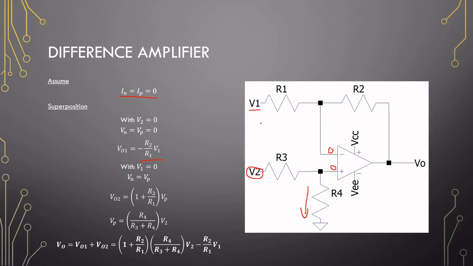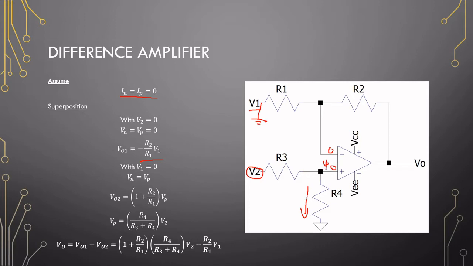Secondly, we ground V1 and have a look at V2's input. When we ground V1, this top side here, we're taking VP as the input of our amplifier, is a non-inverting configuration. And the two resistors R3 and R4 is just a voltage divider.